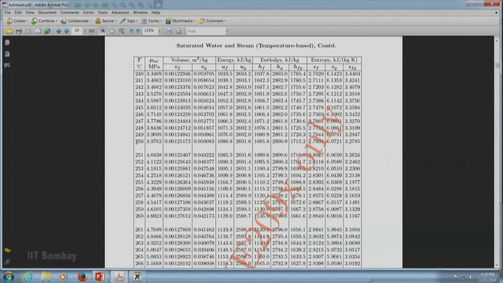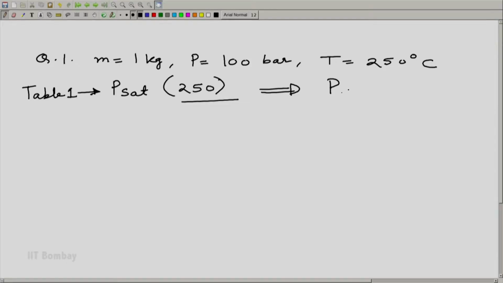So, let us note down this value and compare it with the P that we have been given. So, Psat is 3.976 MPa, and obviously our P, which is 10 MPa, is more than Psat. Alright.